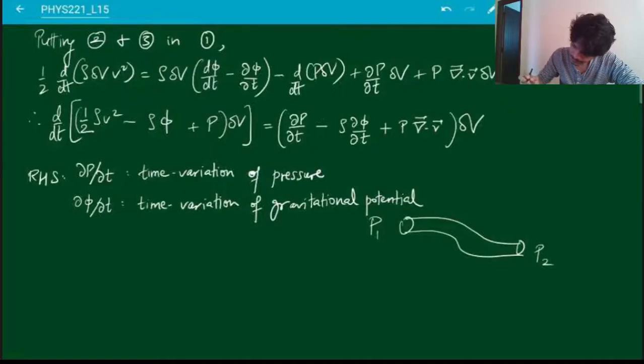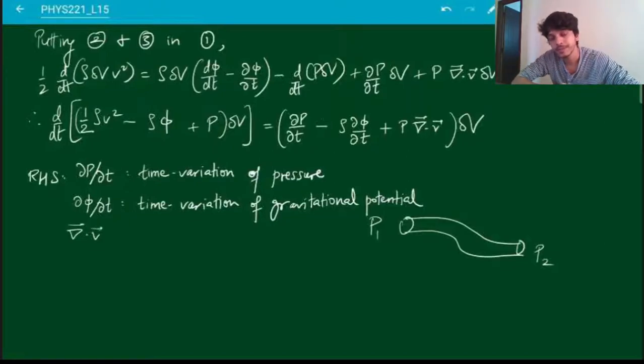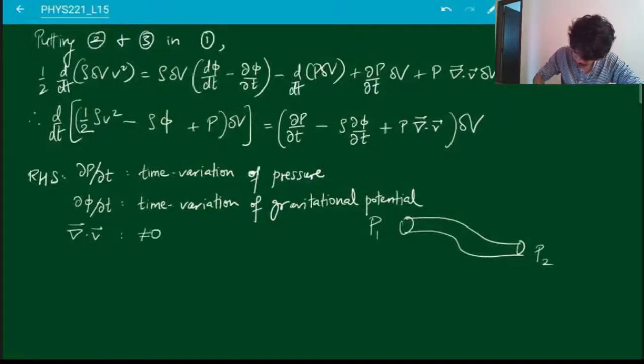There's a third term on the right hand side, and that involves the divergence of V. Now, what is divergence of V? We had seen this last time. Divergence of V tells you whether a fluid is compressible or incompressible. So, if this is non-zero, then that means the fluid is compressible.